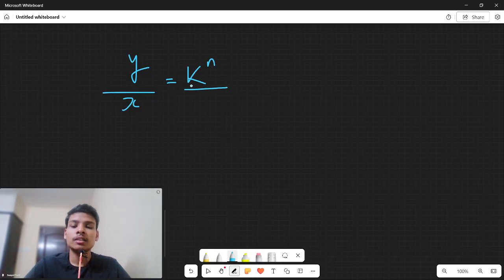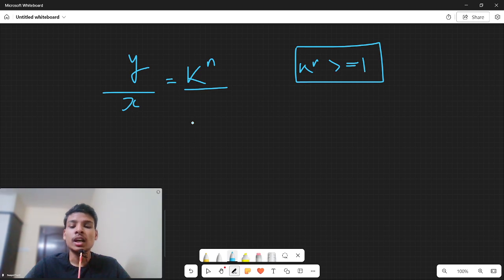And you know one thing, that the minimum value of k to the power n is 1, that my k to the power n will always be greater than or equal to 1. Which means I am sure that my y will always be greater than or equal to x. My x can't be greater than y, because then the ratio would be smaller than 1, and that isn't possible.